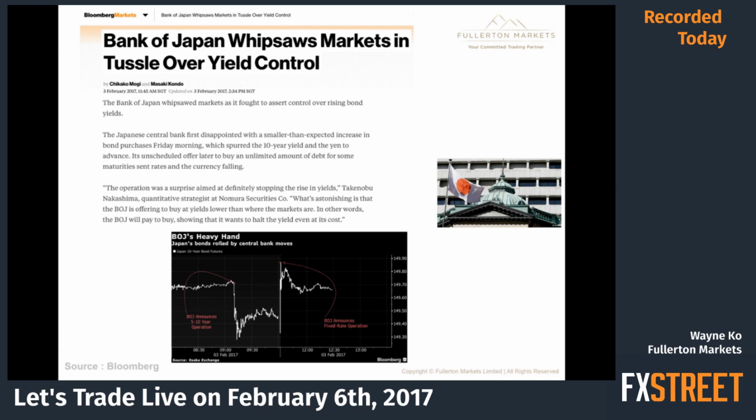When bond prices go up, it means the bond yield will come down. And when bond yields come down, so does the yen. So the yen weakens. That's what happened on Friday. So Bank of Japan whipsawed the market in a tussle over yield control, as you can see in the headline over here. So that's what happened to Bank of Japan.